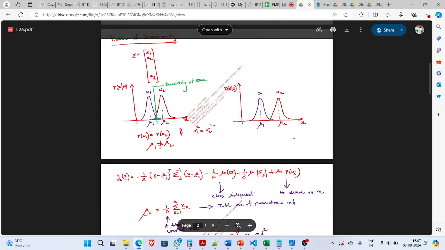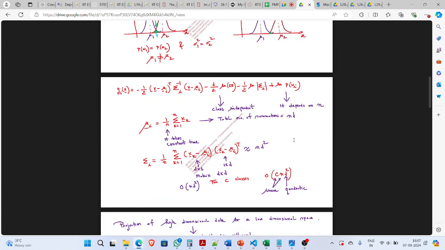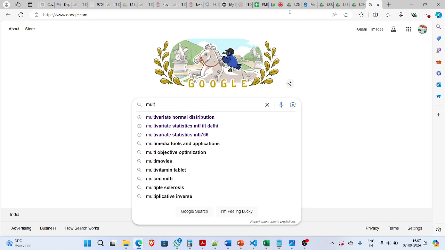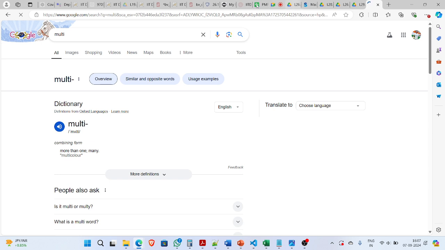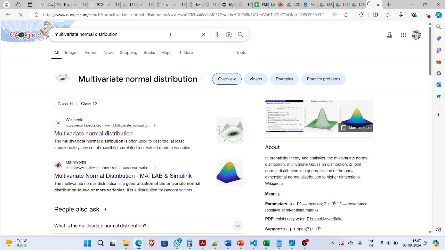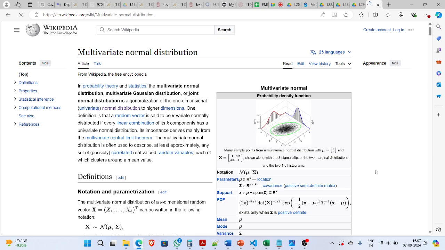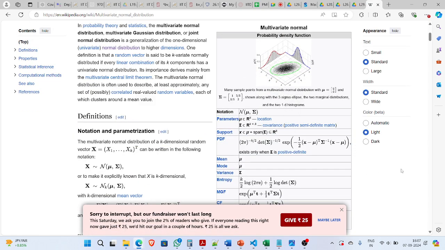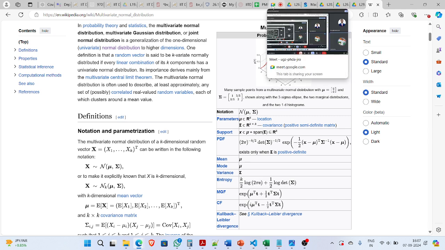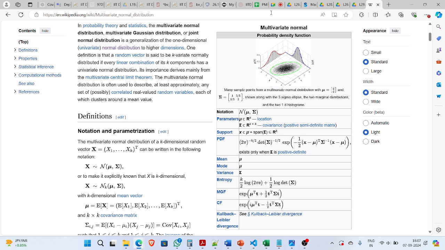And this g function, as you can see, is the multivariate normal distribution here. This is the PDF of the distribution.